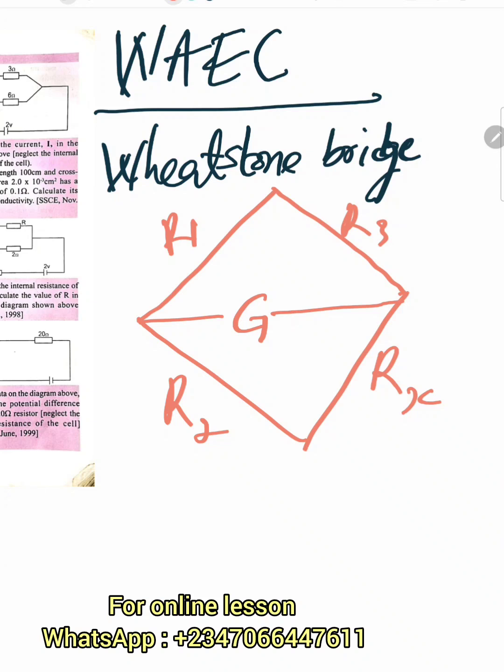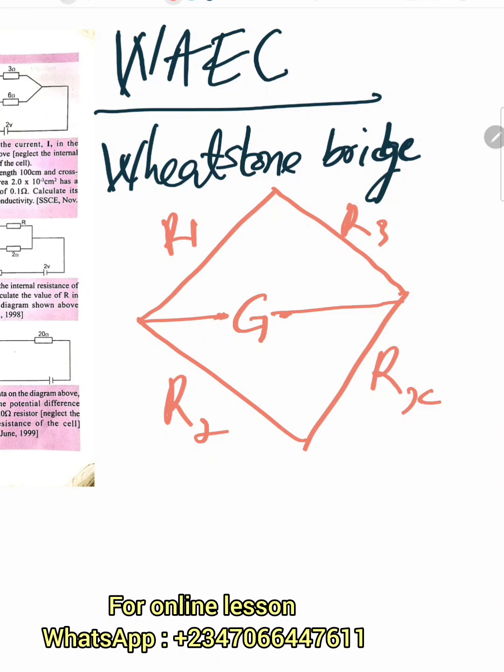Now the principle of the Wheatstone bridge is that the bridge works on the idea of no deflection. So when no current flows through this galvanometer here, what does that mean? It means the bridge is said to be balanced. So if the current does not flow, the galvanometer will not deflect.